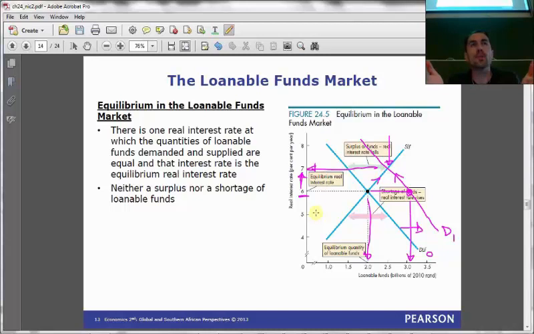What then happens to the equilibrium interest rate? Pressure on that interest rate to fall, to go down. As the interest rate goes down, the quantity of loanable funds demanded would increase. The quantity of loanable funds supplied would decrease until eventually that surplus was eliminated.